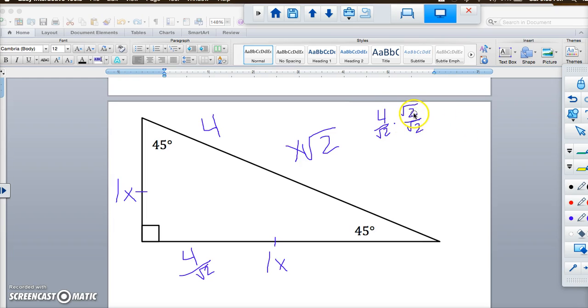So if I multiply on the top, that gives me 4 square root of 2 over square root of 2 times square root of 2, which is square root of 4. Square root of 4 is 2. So I just take the 2 out of the square root.